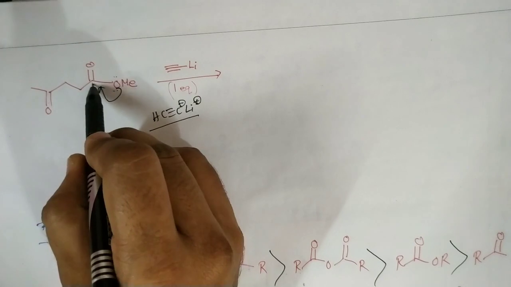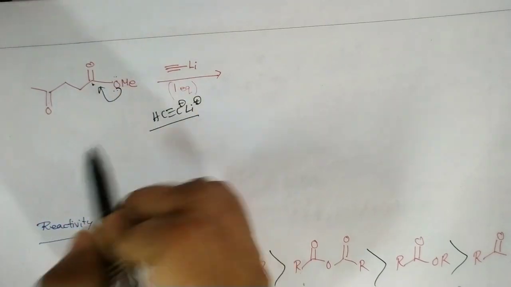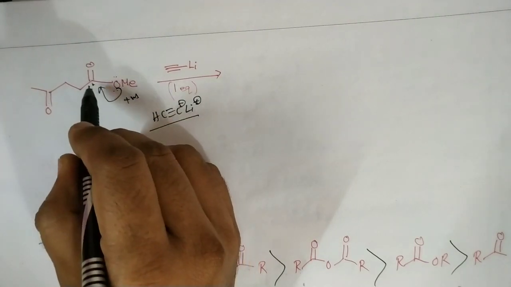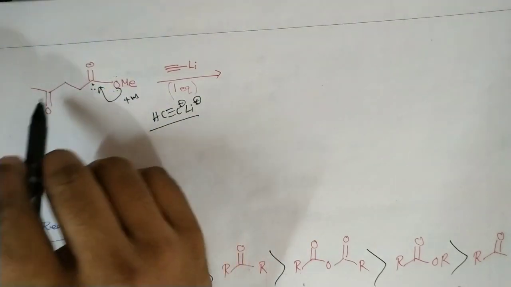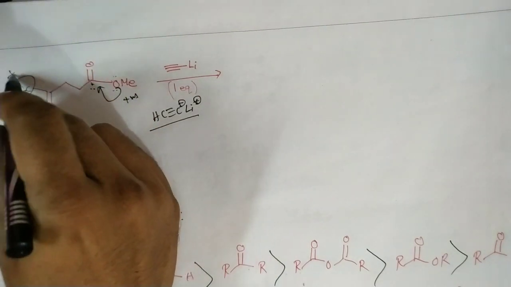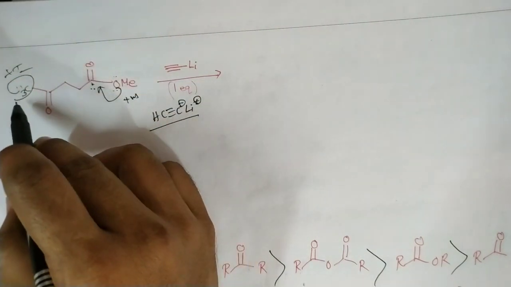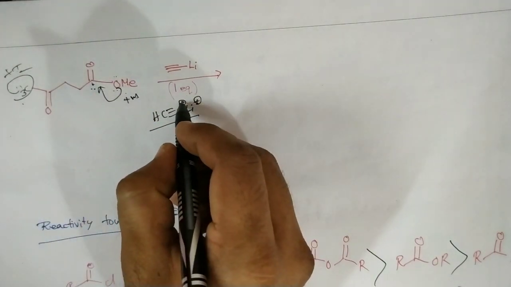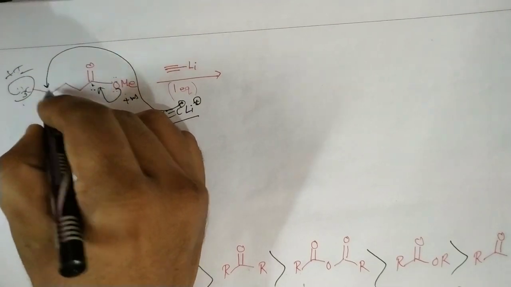The more positive charge there is, the more readily it is attacked by the nucleophile. Here there is a plus M effect, so the magnitude of the positive charge at this carbon decreases. But in the ketone, there is just a methyl group. This methyl group is a plus I group, so it is a weak donating group when compared to OCH3. So this nucleophile majorly attacks the ketone.